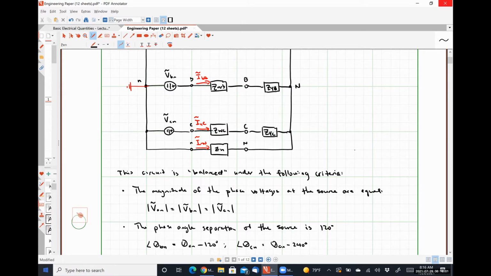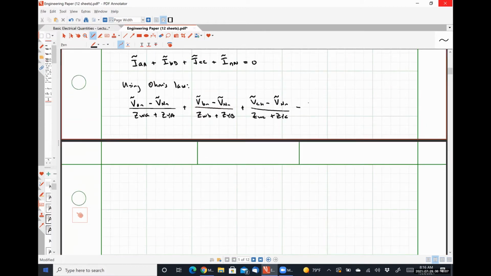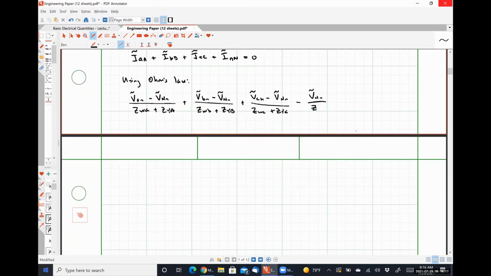So that's just going to be negative VNn. So minus VNn divided by, did I call it Zn or Zwn? Just Zn, okay. Is equal to 0.